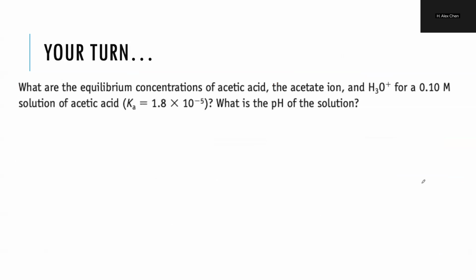All right, your turn. What are the equilibrium concentrations of acetic acid, the acetate ion, and H3O plus for a 0.1 molar solution of acetic acid with the Ka that's given? What is the pH of that solution? That question looks a little intimidating at first, but let's look at that.